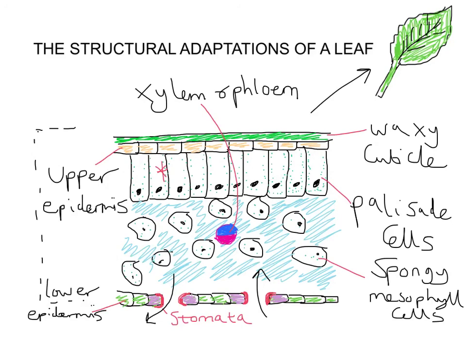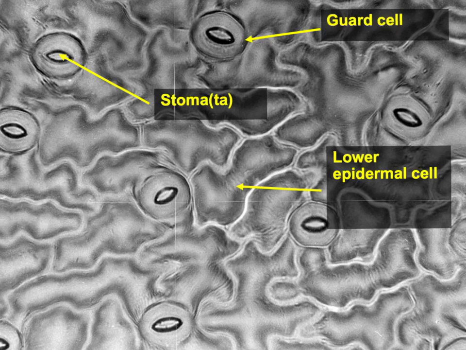I just want to finish by showing one particular slide, and this is actually what you can view with an electron microscope. This is the underside of a leaf. Now it's very simple. In a classroom setting, using a piece of sellotape and nail varnish, you can actually put nail varnish on the underside of a leaf, let it dry, put a piece of sellotape over it, peel it off, and you can take with it an actual layer of cells from the bottom of this leaf.